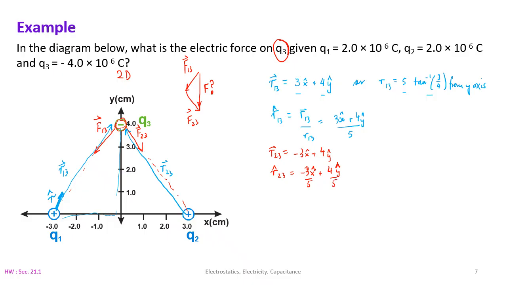So our force on 3 is F13 equals K Q1 Q3 all over R13 squared times 3 on 5 x hat in the x direction and 4 on 5 y hat in the y direction.